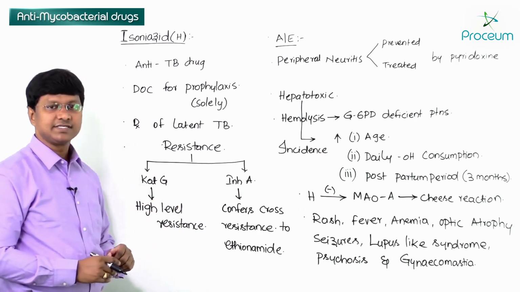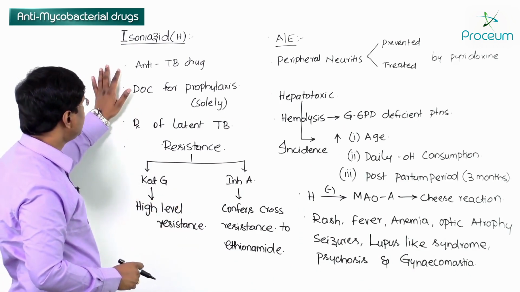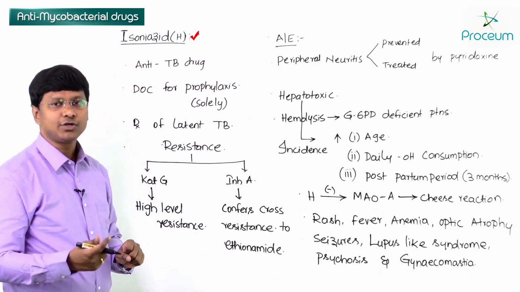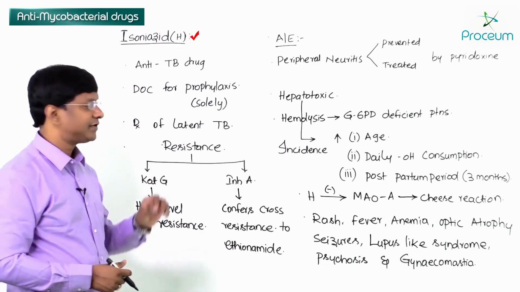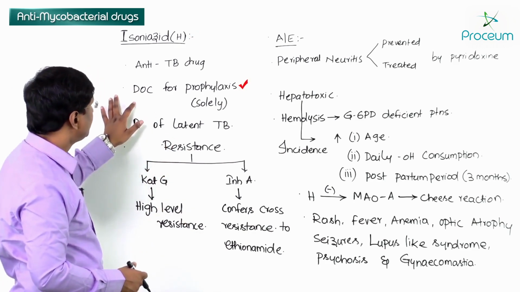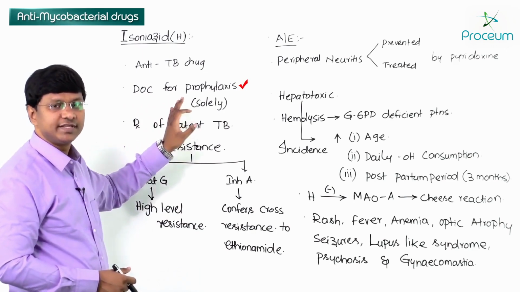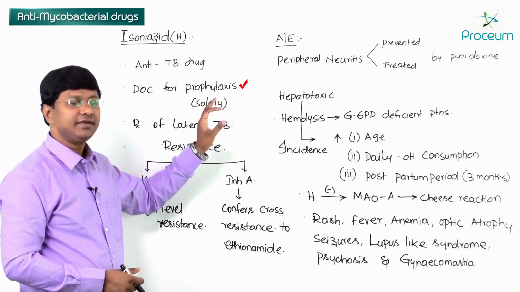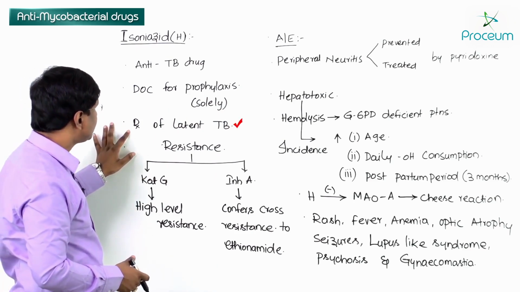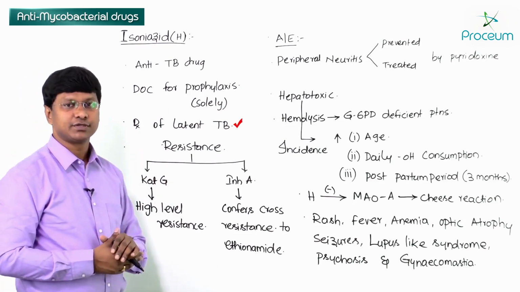So let me summarize up to here. Isoniazid is a part of the multi-drug therapy for tuberculosis, and it is also the drug of choice for prophylaxis solely. That means an individual drug can be given for prophylaxis. It is also used for the treatment of latent tuberculosis.